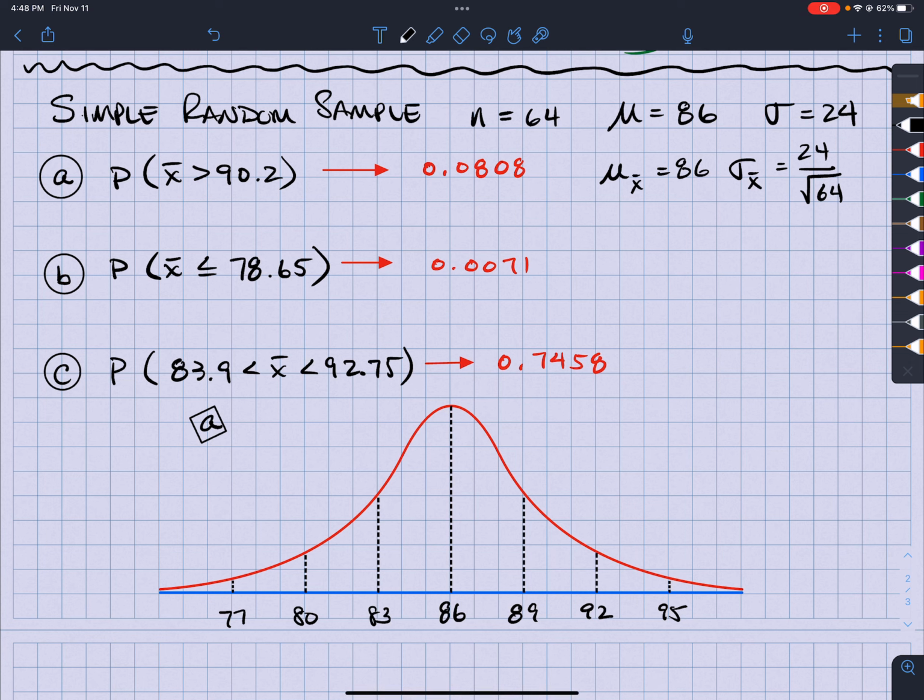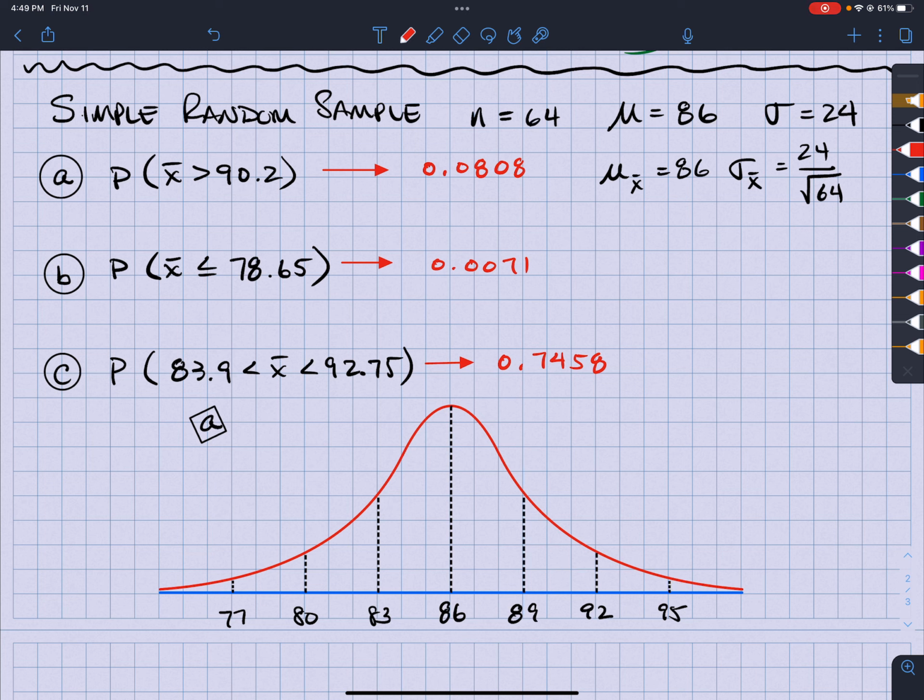So if I want greater than 90.2, that means I'm looking at something like this. So I am actually looking for this area right here. And we talked about how this area right here is 13.5, this area right here is 2.35, and then right in here is like 0.015, so very, very small. So the 0.08 makes sense.